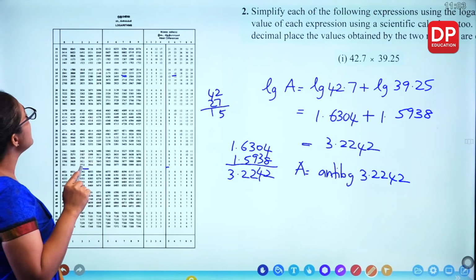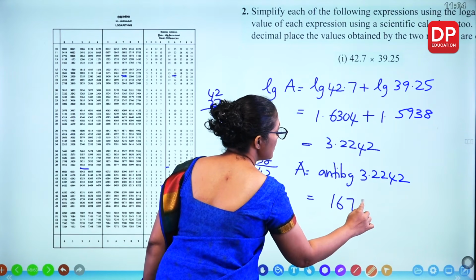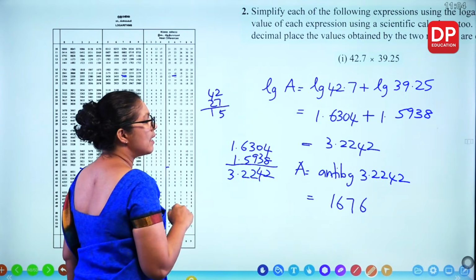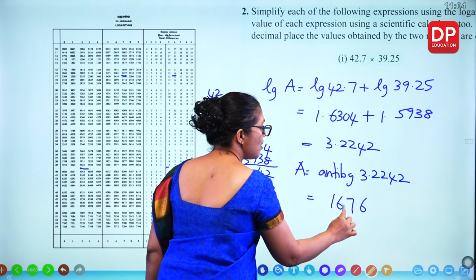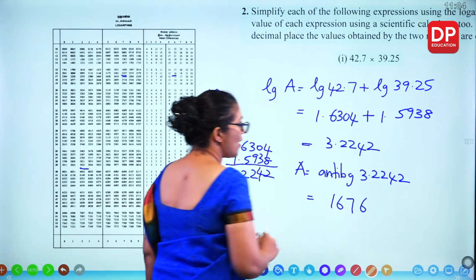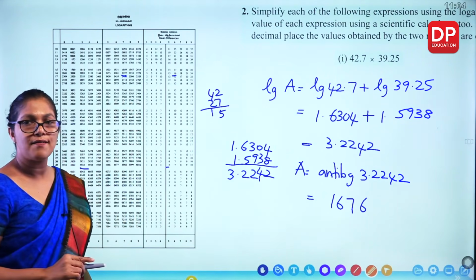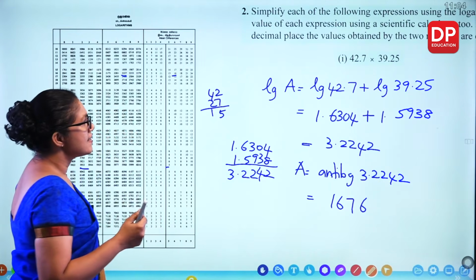So 16.76. And the characteristic is 3. Move 3 places to the right. 1, 2, 3. 1676.